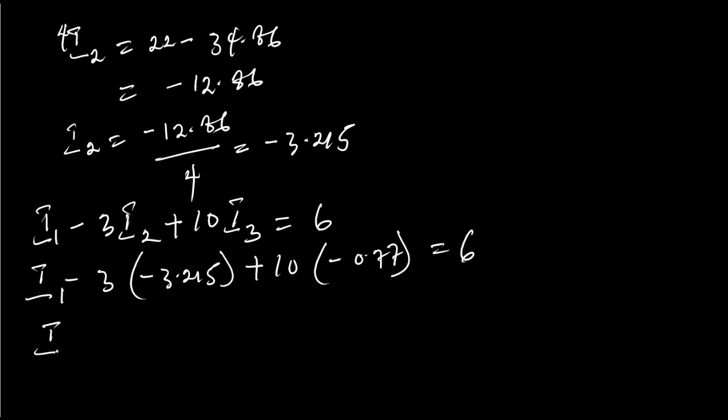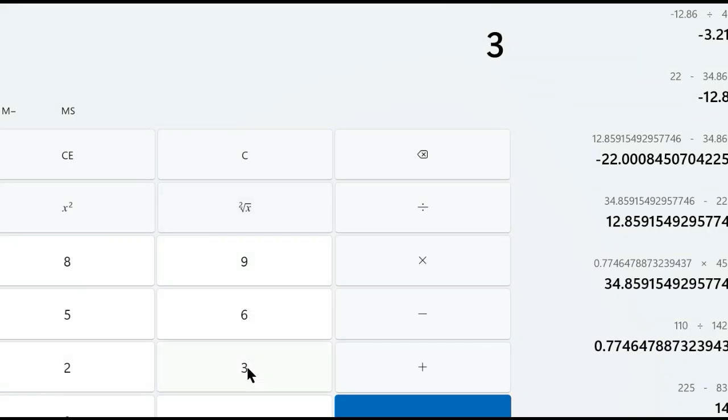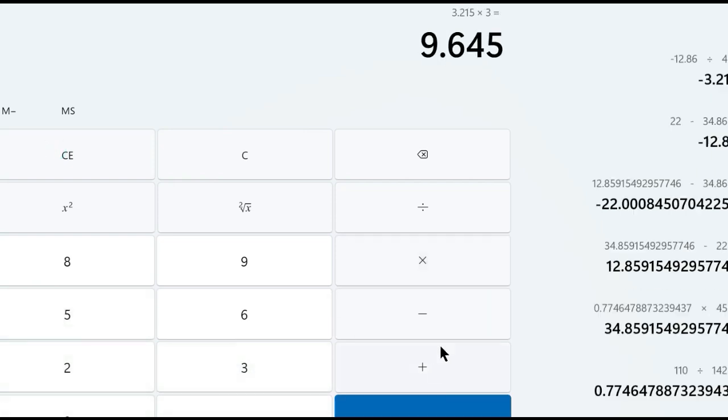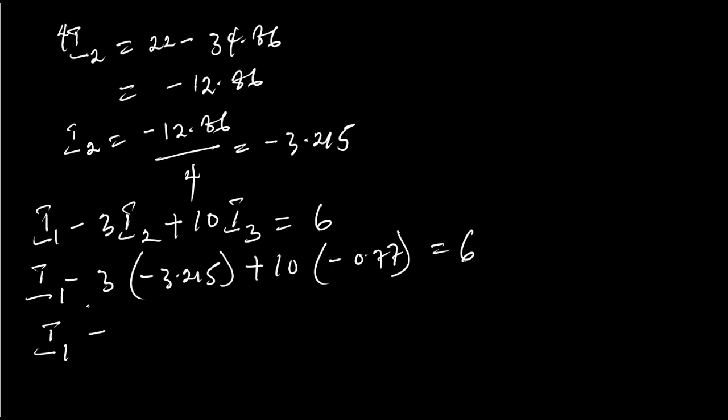So I1 now, 3.215 times 3, that's equal to plus 9.645 minus 7.7 is equal to 6.